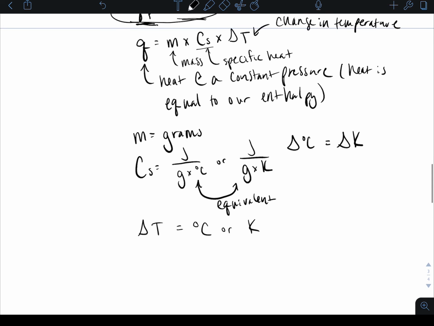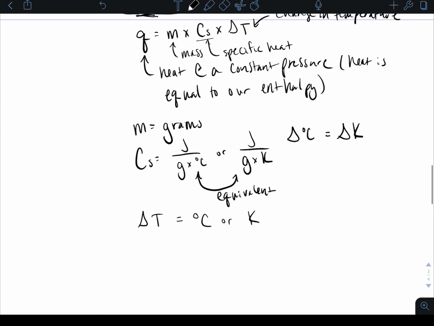Now, generally, as I said, we're looking at an aqueous solution, so we're actually going to be looking at our water changing temperature. So we'll look at Q of our solution is equal to the mass of our water times the specific heat of our water times delta T, the change in our water.